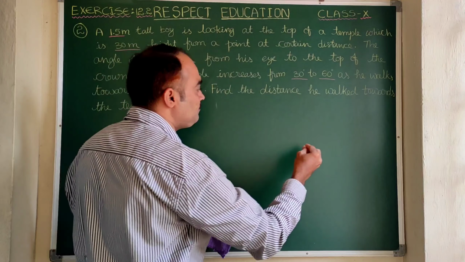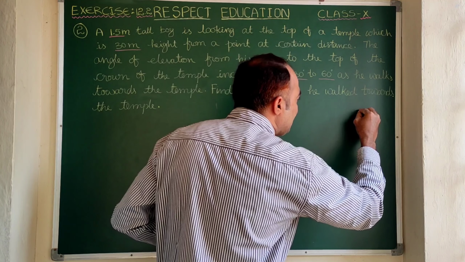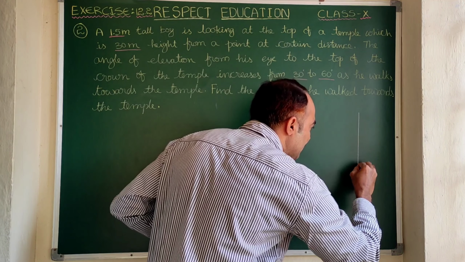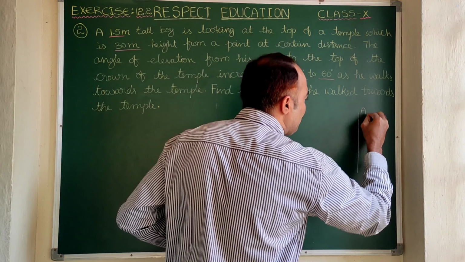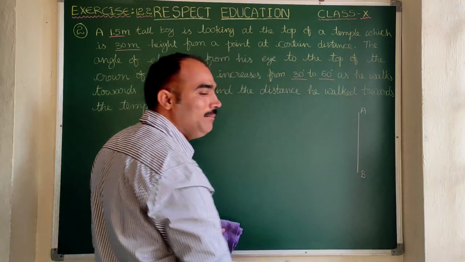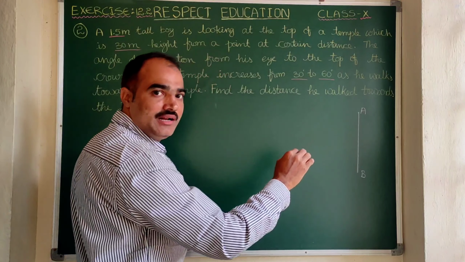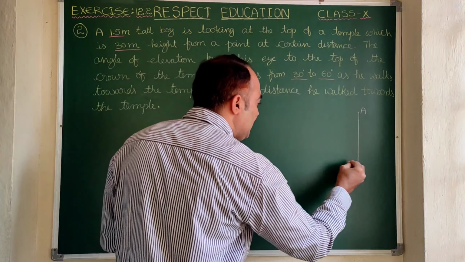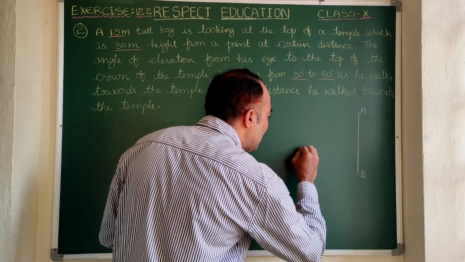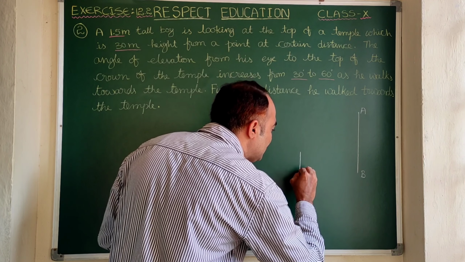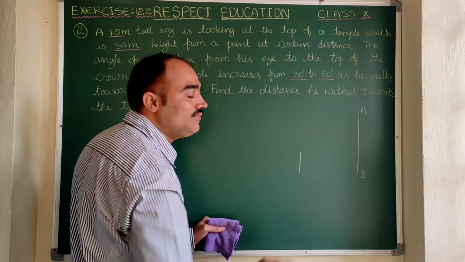Let us see here. Consider this line, name it as AB. Let AB be the temple where A indicates the crown of the temple. Right. So here there is a boy whose height is 1.5 meter, which is to be shown here in the figure.